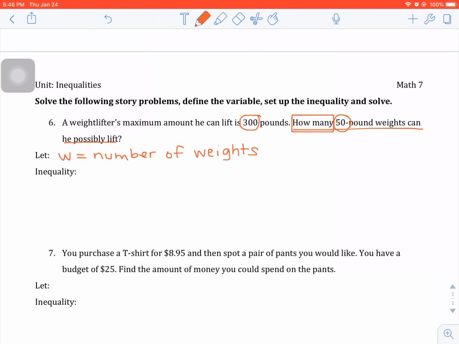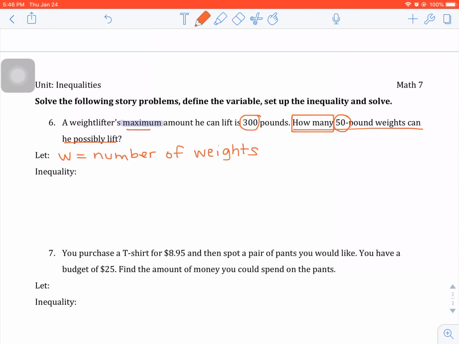So we know the maximum amount, I'm going to highlight maximum, is 300 pounds. So remember when we were talking about equations, I always said, see if you can find a total that can go on the other side of the equal sign. Well, this time we're going to find a total that can go on the other side of the inequality sign.